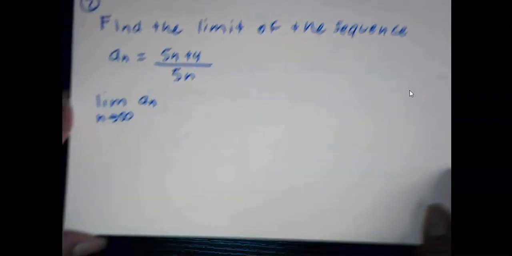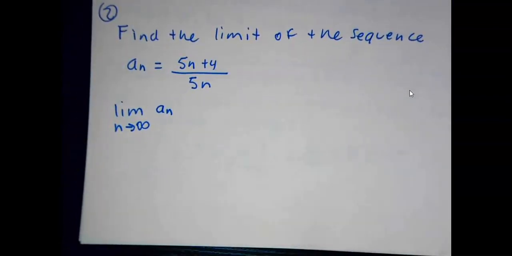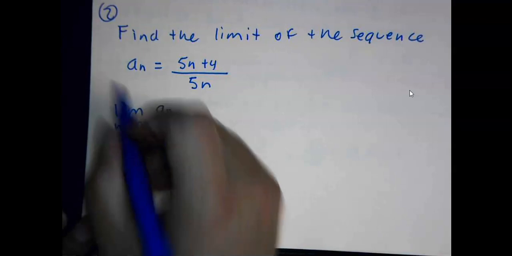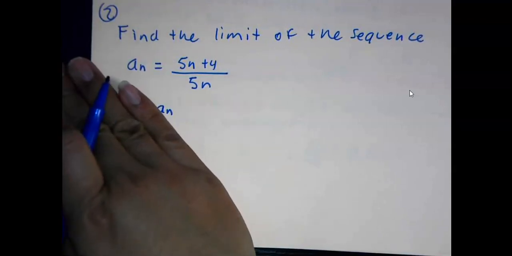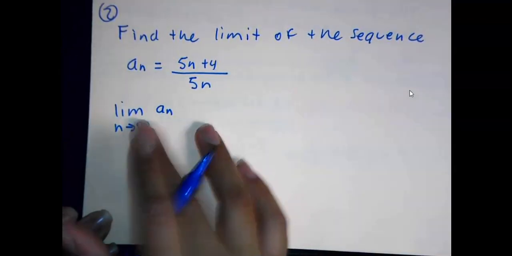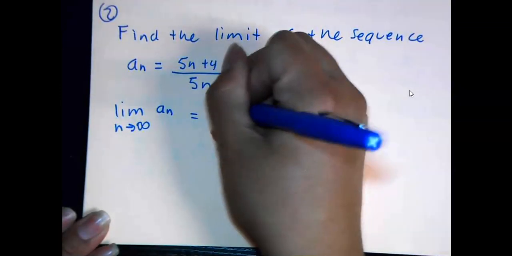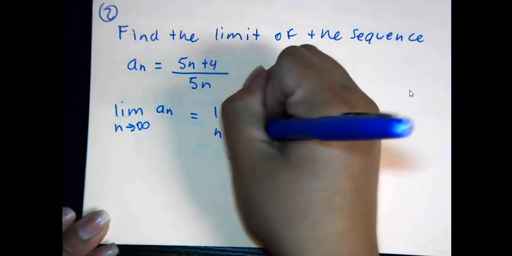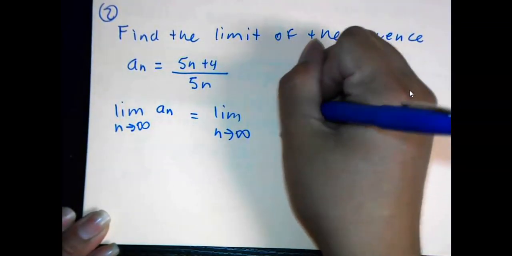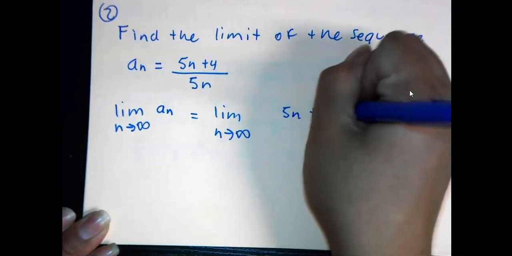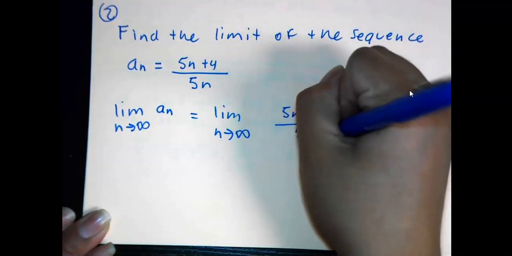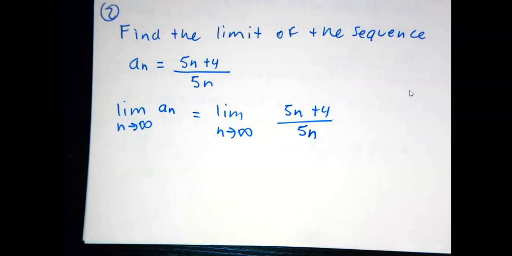Okay, limits now. Find the limits. Okay, this is what the question is going to look like. Find the limits. This is what we're going to be doing. Okay, we're going to find the limit as n approaches infinity of (5n plus 4) over 5n. Okay, I care about infinity.